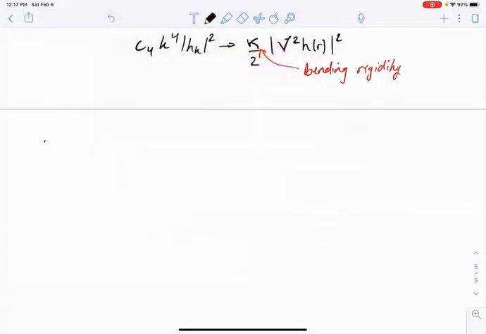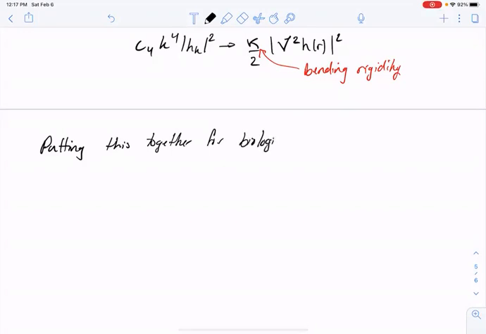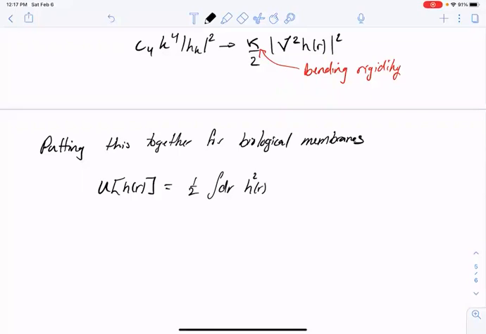So putting this all together, for biological membranes, for elastic sheets, we would have an effective potential acting on the height field given by 1/2 an integral over all space, h of r squared times a naught over 2.